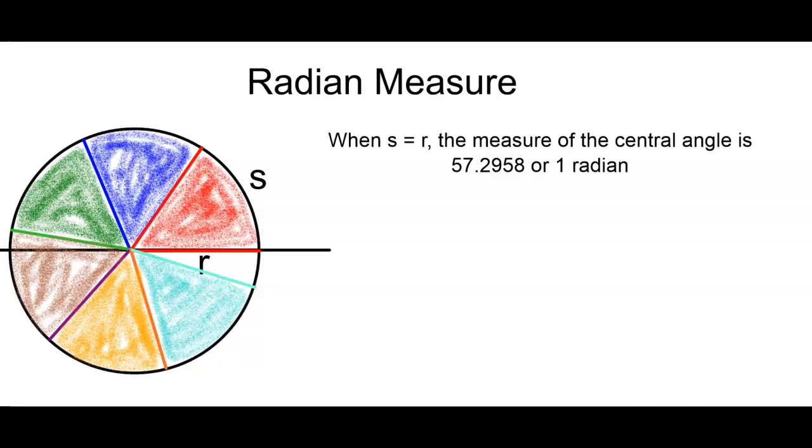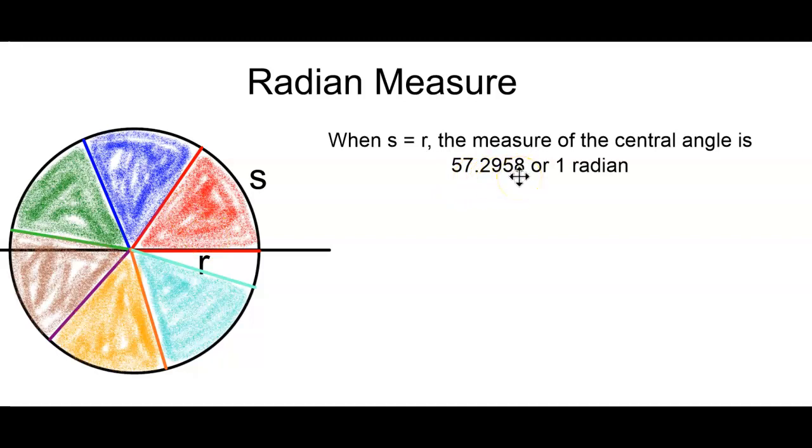Well, a radian is just basically a chunk of the circle. Anytime you have a circle whose radius and arc length of a specific angle are the same as each other, so like if this radius was 5 and then this arc length here was 5, then the size of the angle is always 57.2958 degrees.